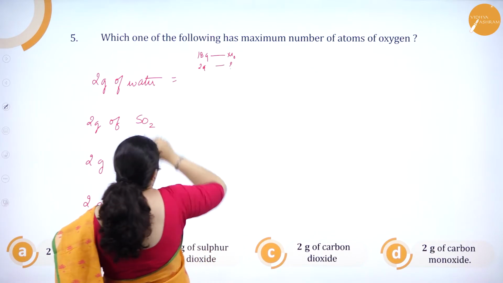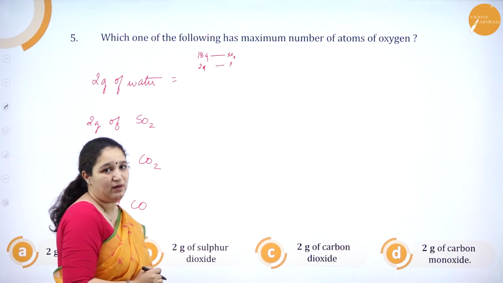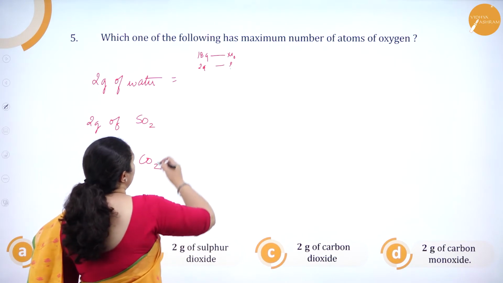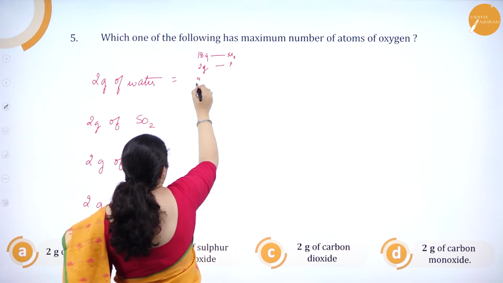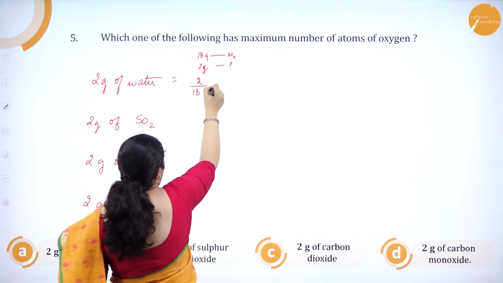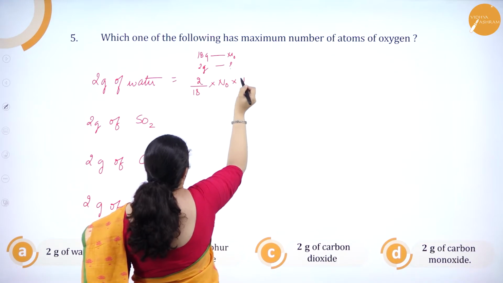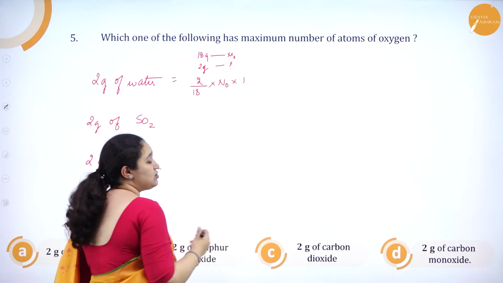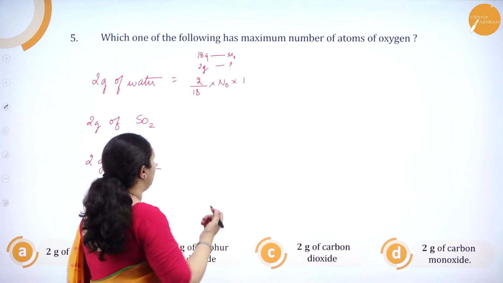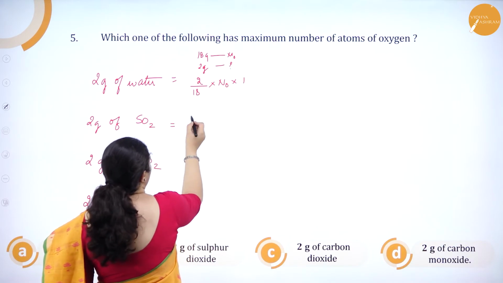That into the number of oxygen atoms I have to multiply. So what we are going to do here is 2 divide by 18 into N0 into 1. H2O has only one oxygen atom. So I'll just write the ratio like this.